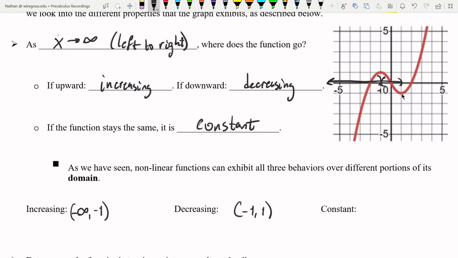At this local minimum, it's going to start increasing again. So this portion of the domain, it's increasing again. So increasing from 1 to infinity. And that was everything. So there are no constant intervals for this one particular function.